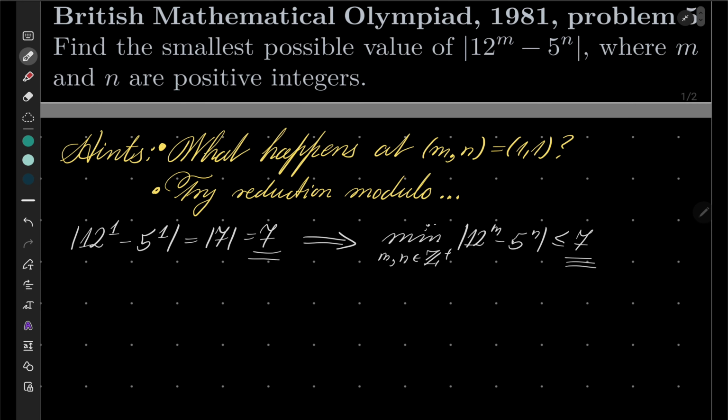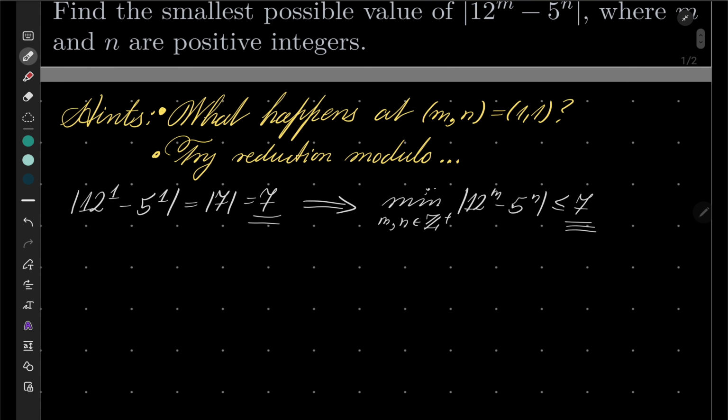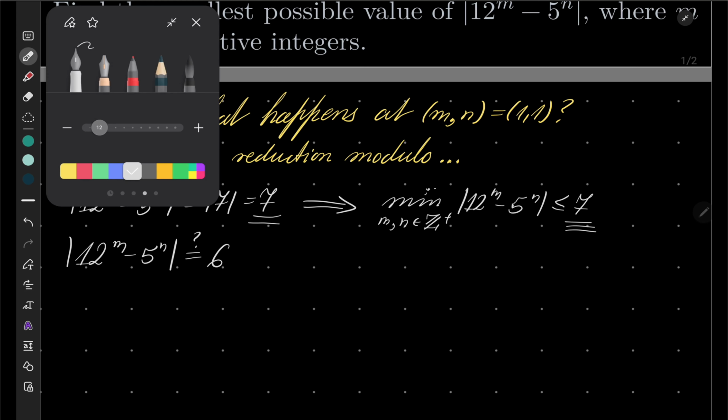Okay, how to do it? First of all, is it possible that the absolute value of the subtraction of these numbers can be equal to 6? No, it cannot. Why?